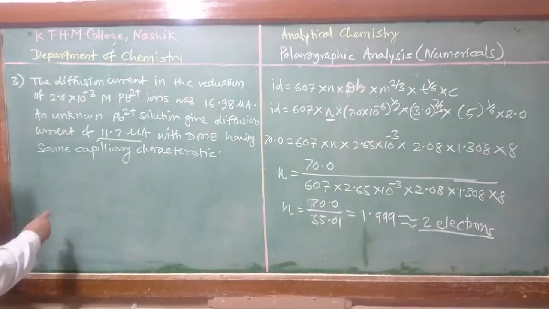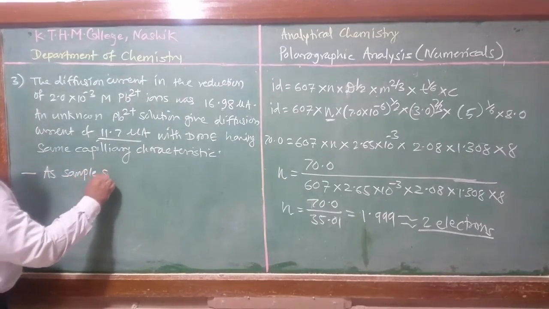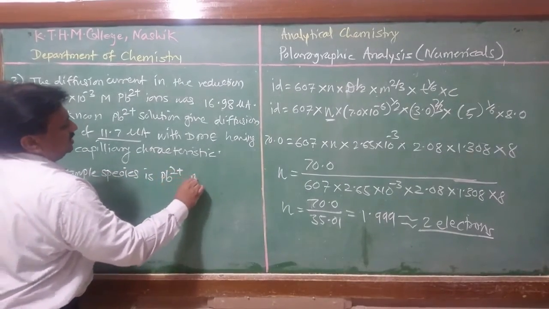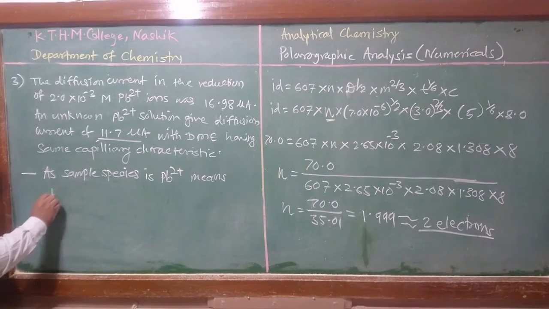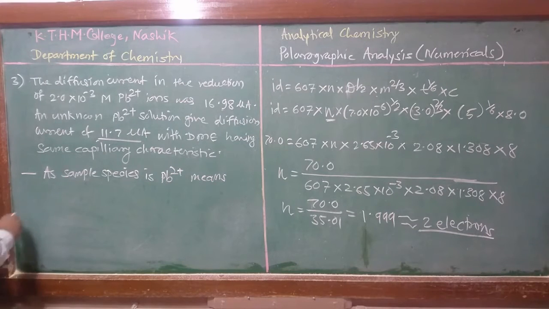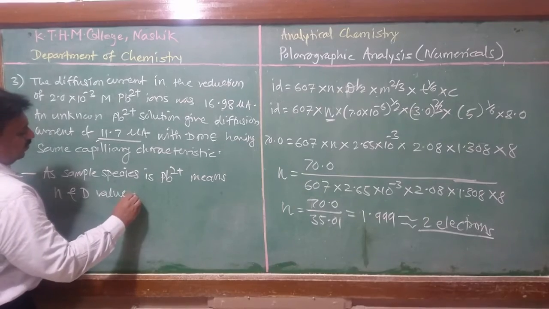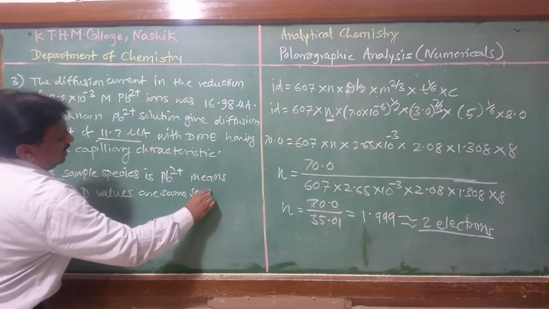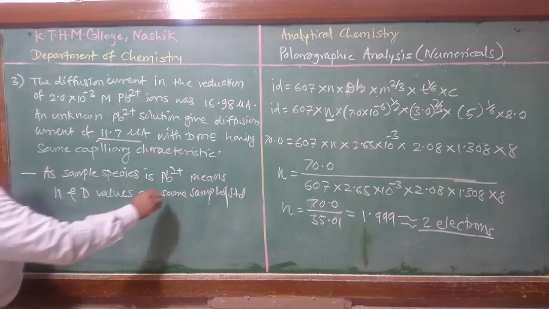Now here, as the sample species is the same, Pb2 plus, for both cases n and D values are identical for sample and standard, because the species is identical.